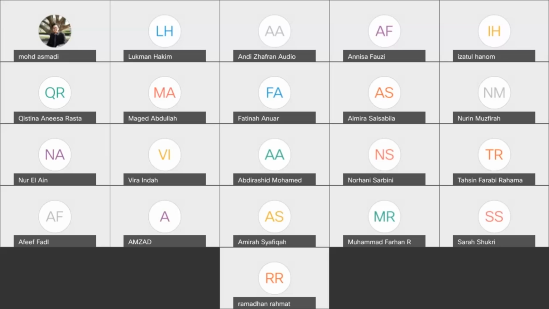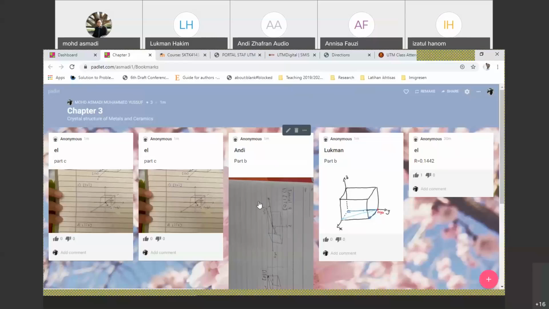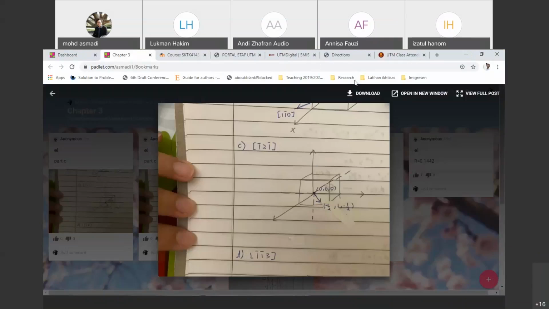The answer from L as well as from Almira. Where is L? Yes, you define this one as an origin, right? Look at here. You have to be careful with the answer.